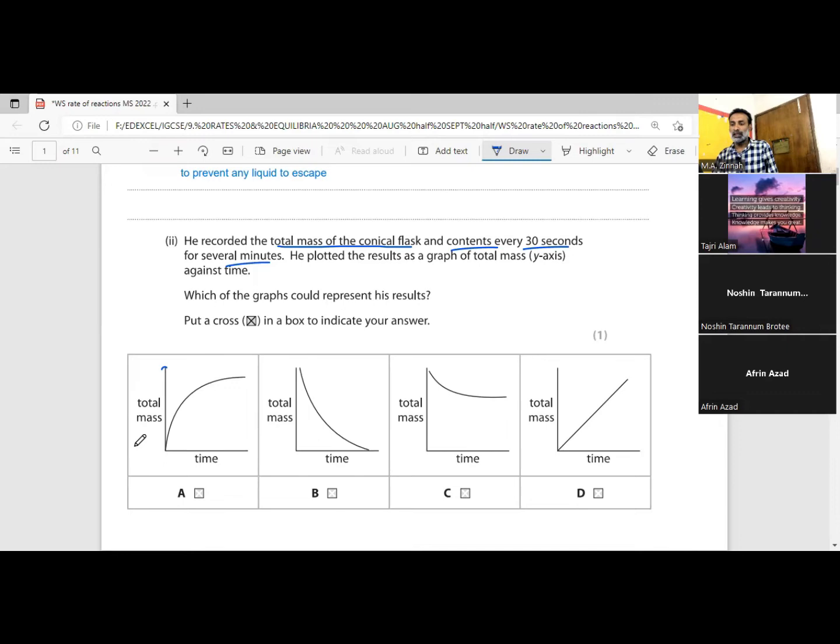Look at this. Is this correct? No, this is not correct because it shows the mass increasing. This is not possible.